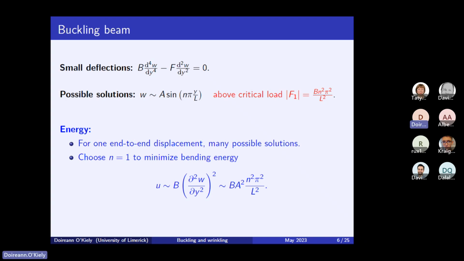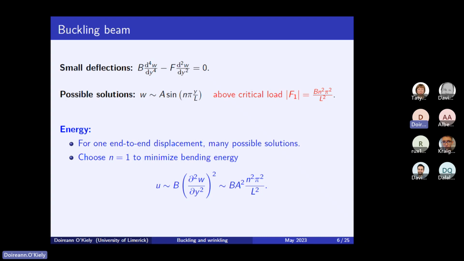And one thing to say here is that there's many possible solutions, right? So you can buckle with a single sine curve, but you can also buckle with 2 or 3 or 4 or 5, etc., just by reducing the wavelength. So the way the system decides which configuration to take is based on energy minimization.